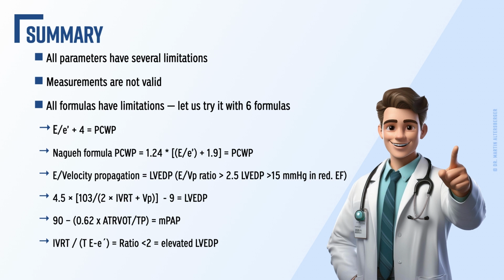And the IVRT divided by the time of E minus E prime also denotes, if the ratio is below 2, that elevated left ventricular end-diastolic pressures are present. So for that, you need, of course, several measurements and also timing by means of the ECG. So some formulas are quite straightforward, some are more complicated.